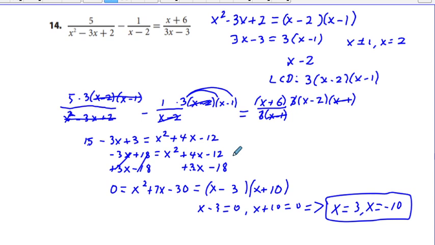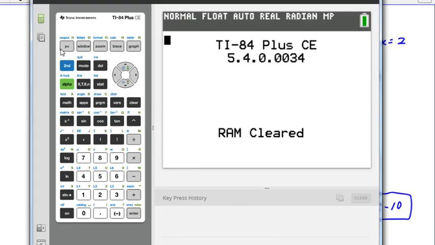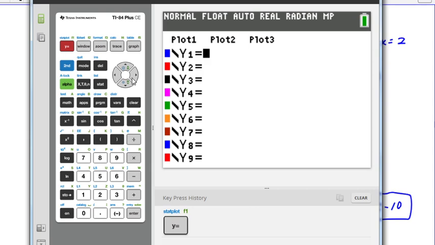I want to do one last thing with this particular problem, which is go to a calculator just to show you how these problems can be solved by graphing. And what I'm going to do is rewrite this number 14 and just show how it can be solved.